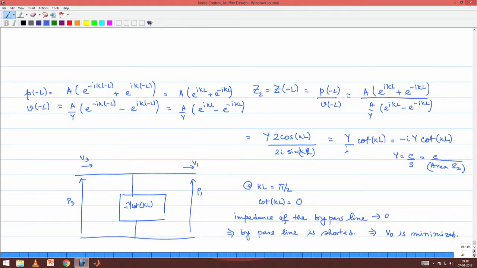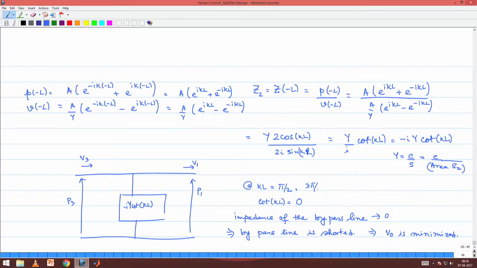But the advantage of this resonator is that you could have this not only at pi by 2, but also at 3 pi by 2 and 5 pi by 2, and in general any odd multiple of pi by 2 will give the same condition.